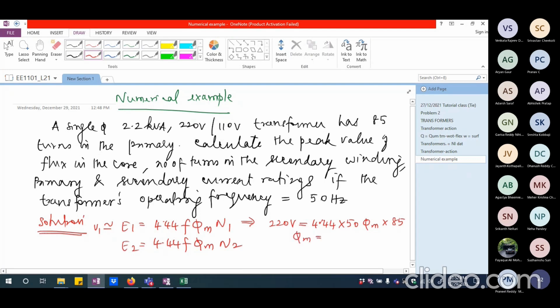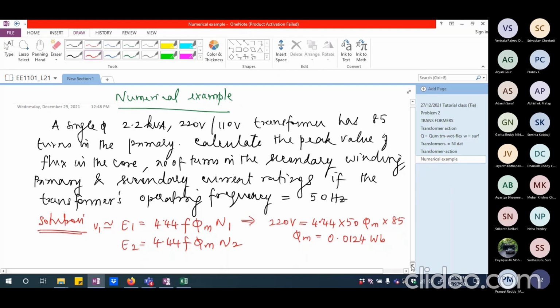So phi M comes out to be 0.0124 Weber. This is the peak value of the mutual flux that is linking both the primary and secondary winding.